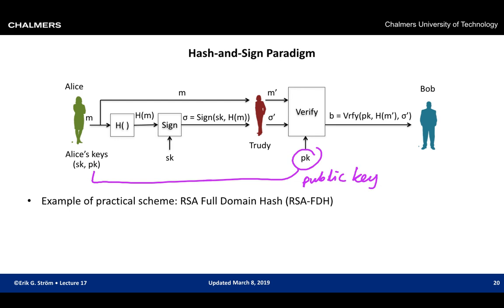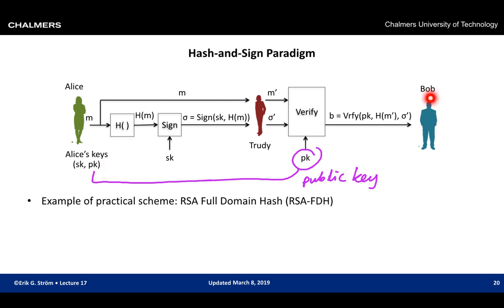Bob can make sure, if b is equal to 1, that we verify. If everything seems okay, Bob can be sure that M prime is data which is signed by somebody having access to SK, the secret key to which PK, the public key, belongs. So this is known.